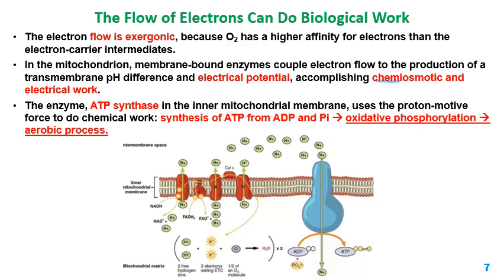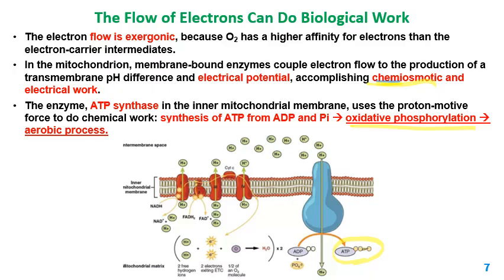So you are working with a change in gradients in order to synthesize a molecule. So that is called chemiosmotic process. And overall, the synthesis of the ATP is done at a substrate level. Okay, you call that oxidative phosphorylation. This is to distinguish it from substrate level phosphorylation that you have seen in glycolysis.